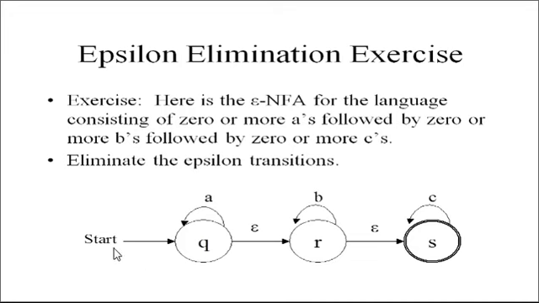Here the start symbol is Q, the start state. Okay, so here we see, after giving input A, the same state remains, and after giving input B, the next state is R, and after giving input C, the next state is S, which is the final state. So the start state is denoted by Q, and the next state depends on the input value.